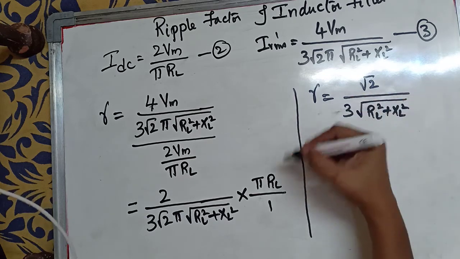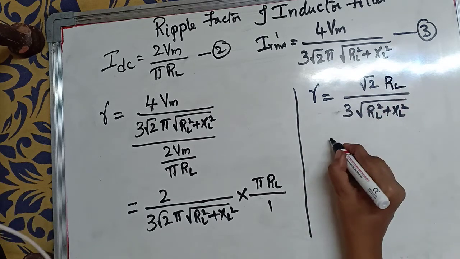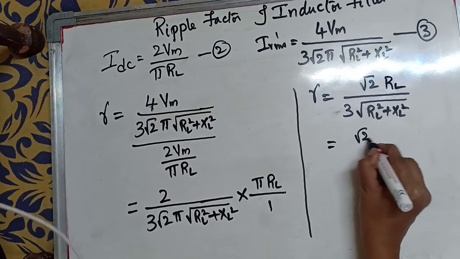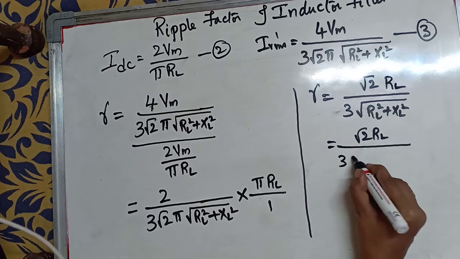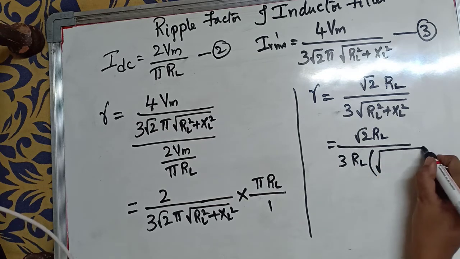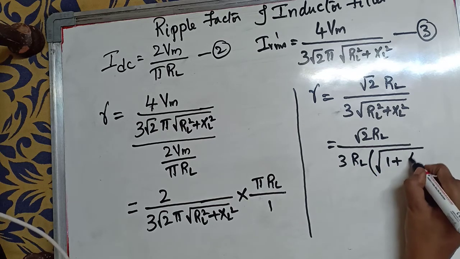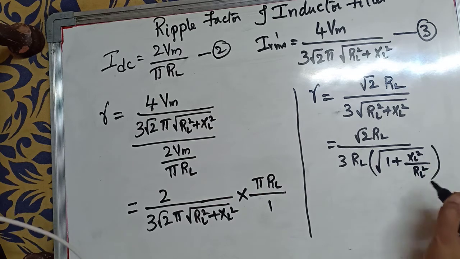The RL in the numerator I will write as it is. So I can take RL common in the denominator, root 2 RL by 3 into RL. If I take RL common, I will get under root of 1 plus XL square by RL square.